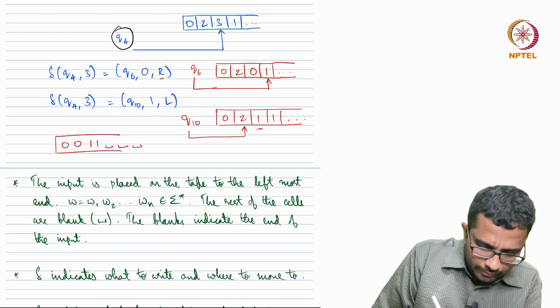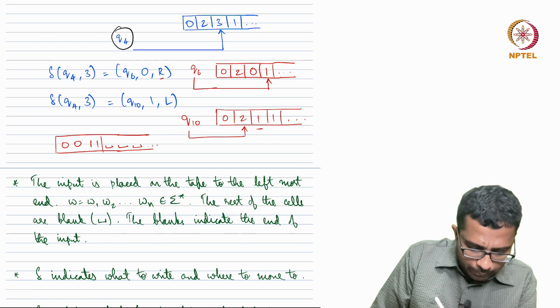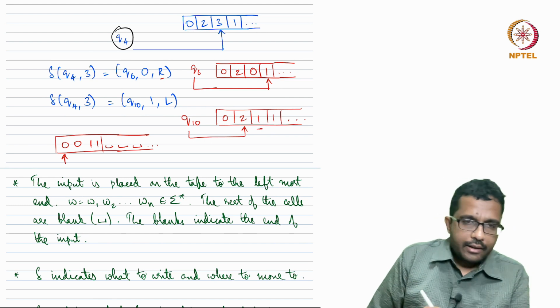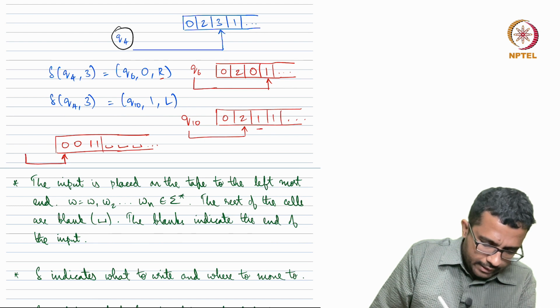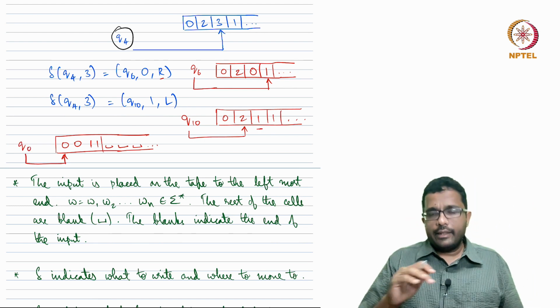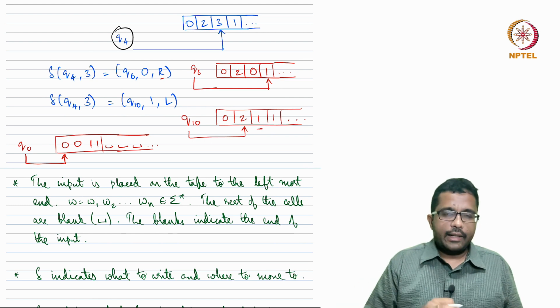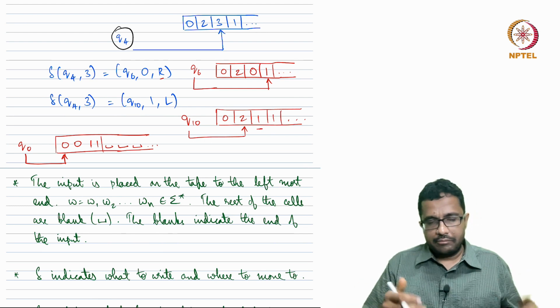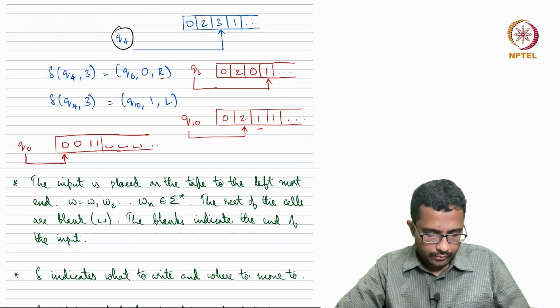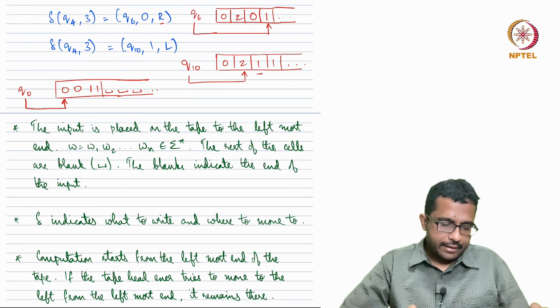So the rest of the tape is empty, and the head points to the leftmost location, and you are at the starting state, which is Q0. And then it may read, it may write, it may move to the left or right or whatever, till it goes to an accept or a reject based on the transition rules, right?